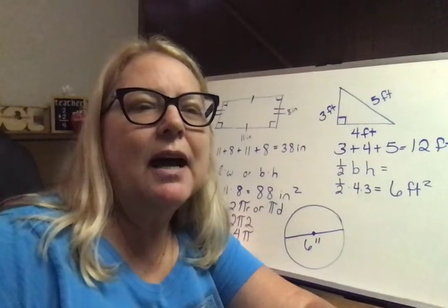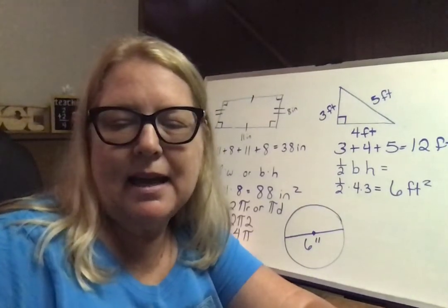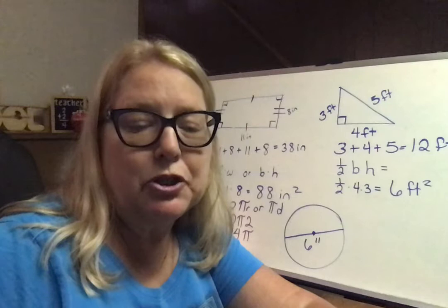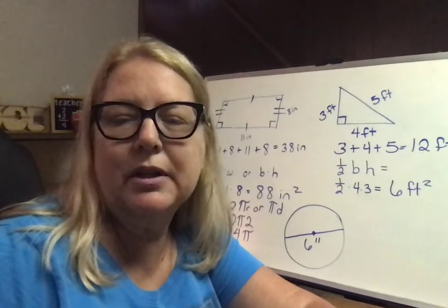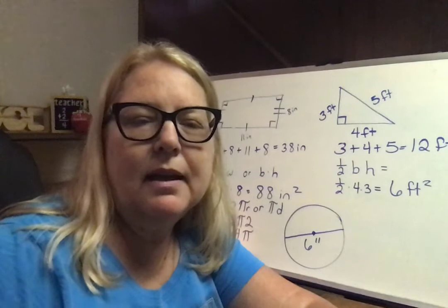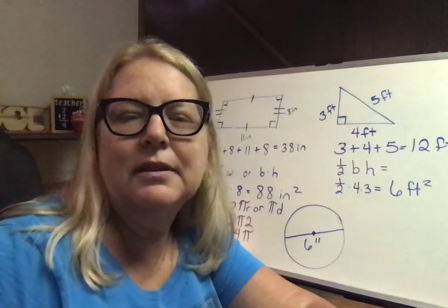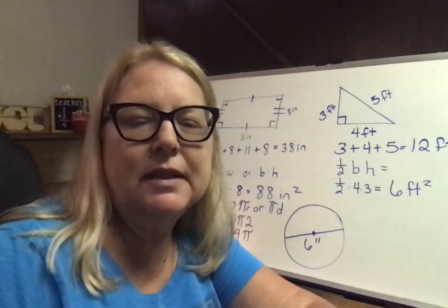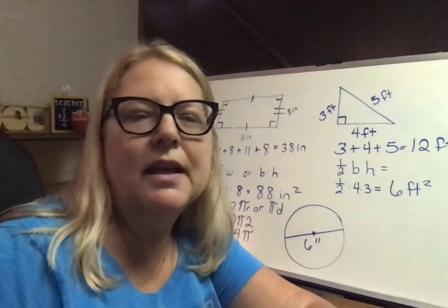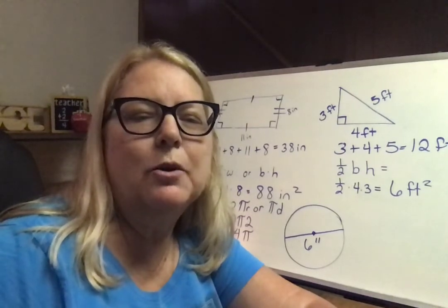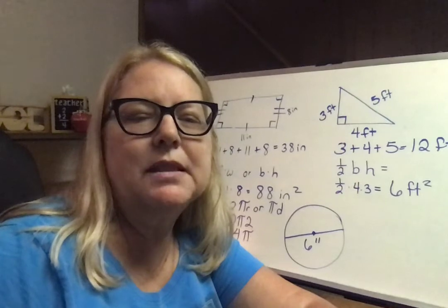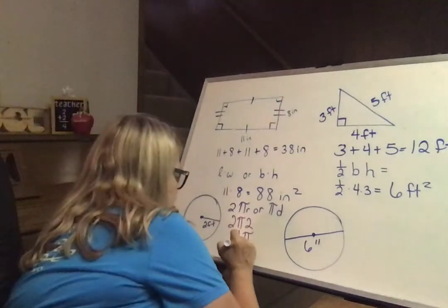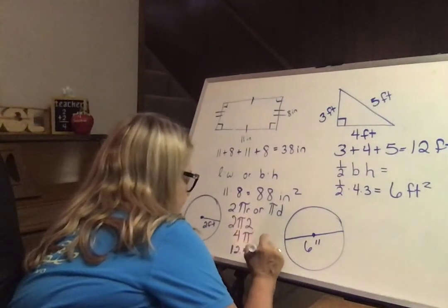So I will minimize just a second and bring up a calculator on my computer, which you have a calculator on your computer, or should have. Calculator. There. And 3.14 times 4 is 12.56. 12.56 feet.